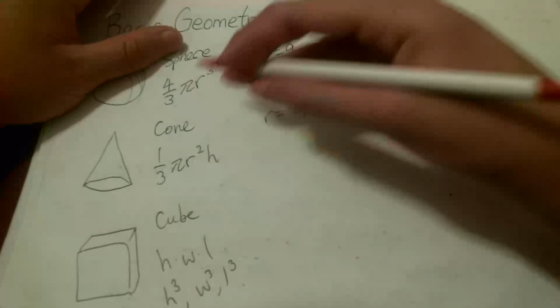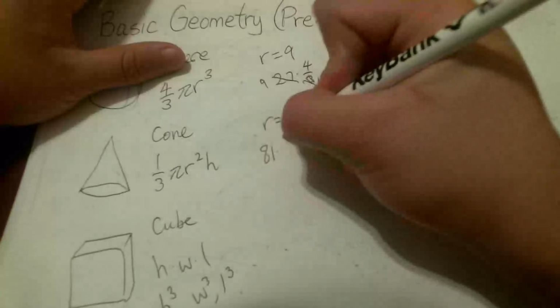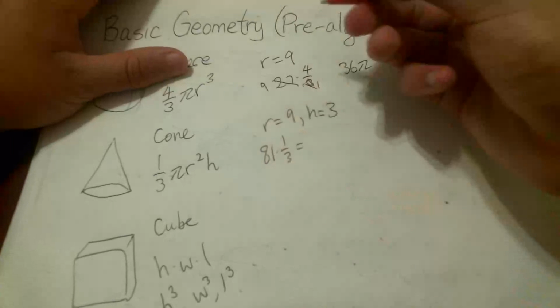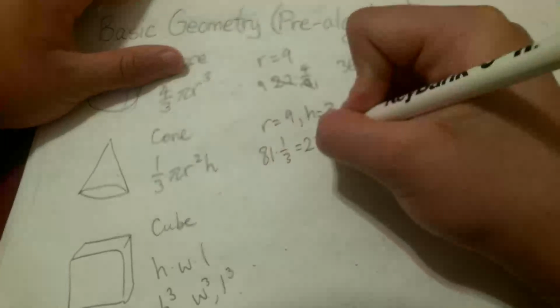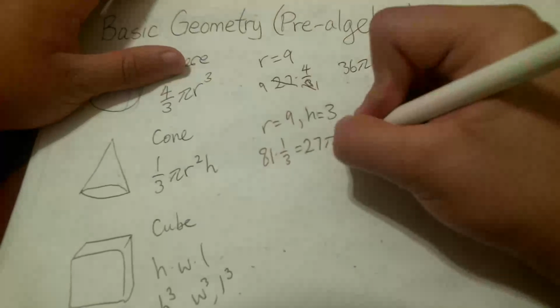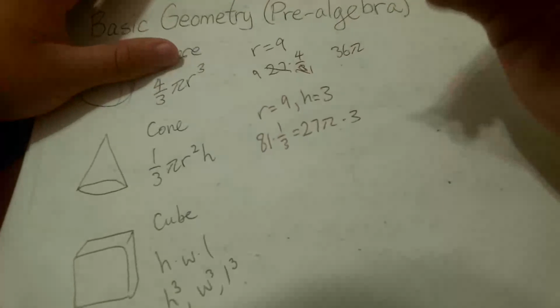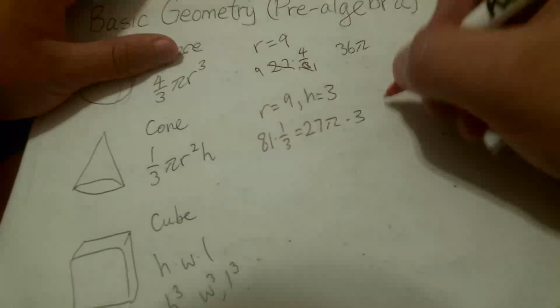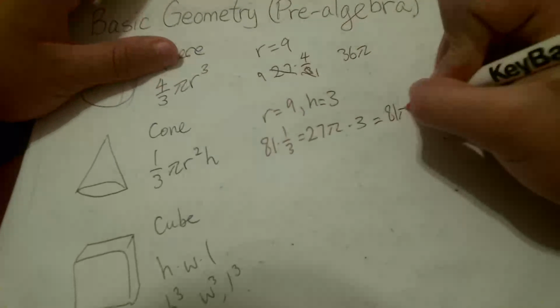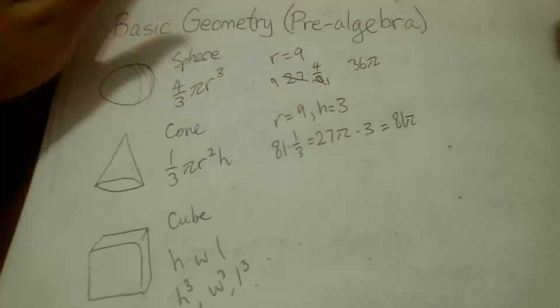We would first plug into r, so that's 81 times 1/3. That would equal 27 times pi times 3. So 3 times 27 equals 81. So that would be 81 pi. And that would be our final answer.